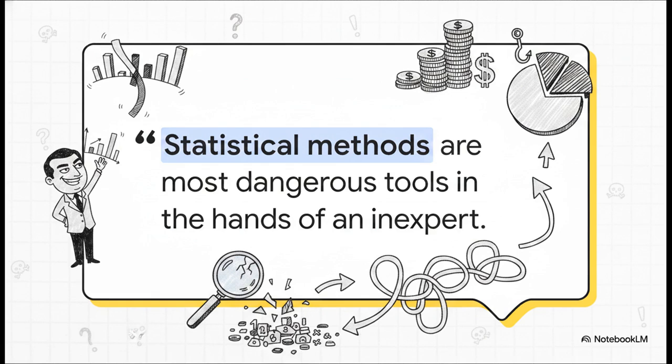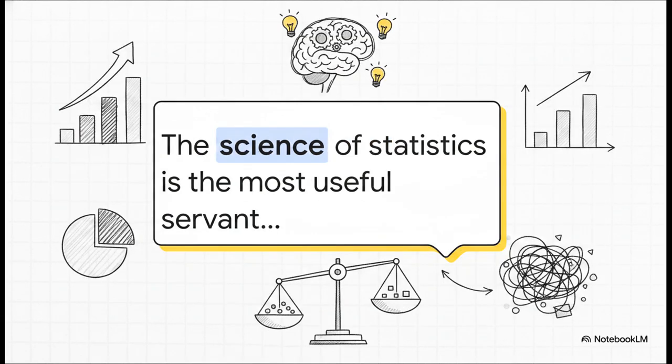It happens so often that Benjamin Disraeli, the former Prime Minister of England, once famously compared statistics to superlative lies. We have to remember, though, that the fault lies with the people distorting the data, not with the subject of statistics itself. When we use data impartially without bias or prejudice, it is an incredibly powerful tool.